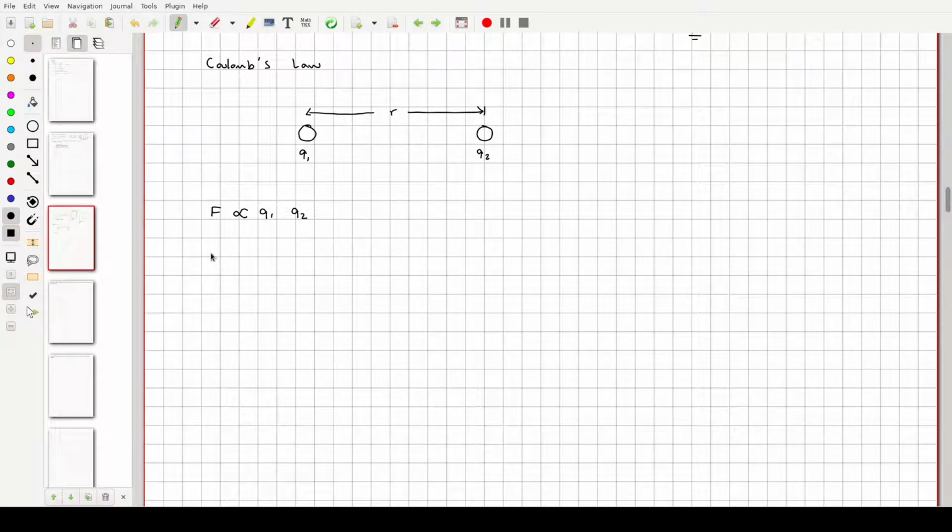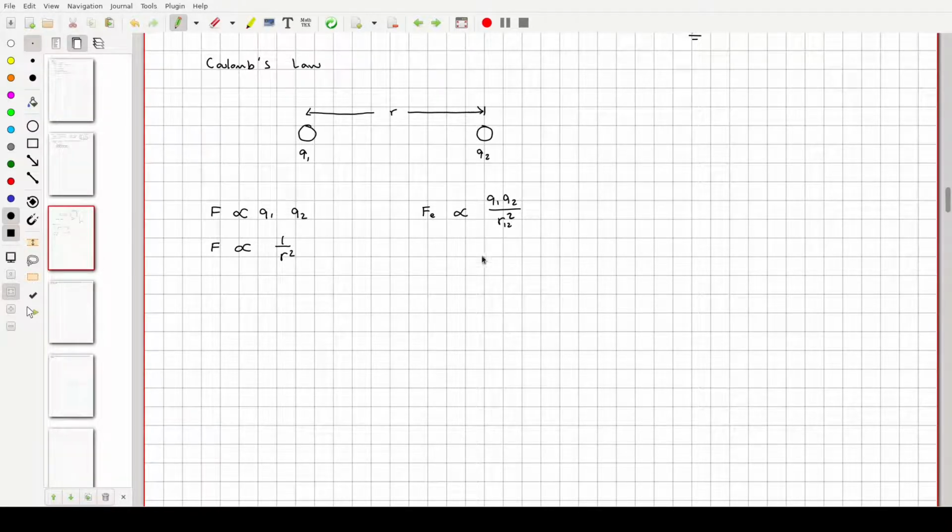He also discovered that the force itself goes like 1 over the distance squared. Now, if you put this together, what you have for your electrical force is something that depends upon the charge of both of the things involved and the distance between them squared.